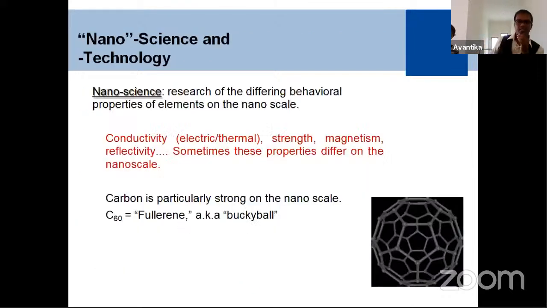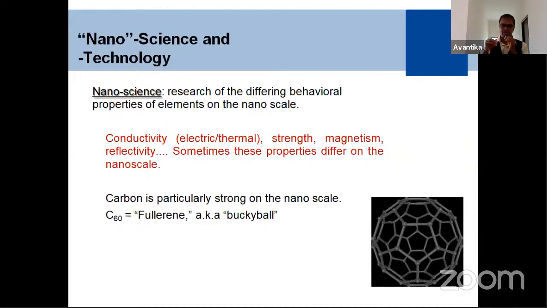Okay, so here I want to tell you the importance of nanoscience. Not only in physics, in most of the branches, they are working in nanoscience. Why? Because if you go to the nano size of the material, most of the properties are enhanced. For example, in the case of battery, two parameters are very important: conductivity and strength.